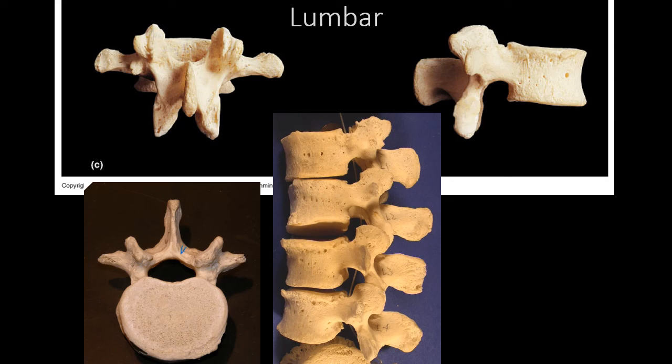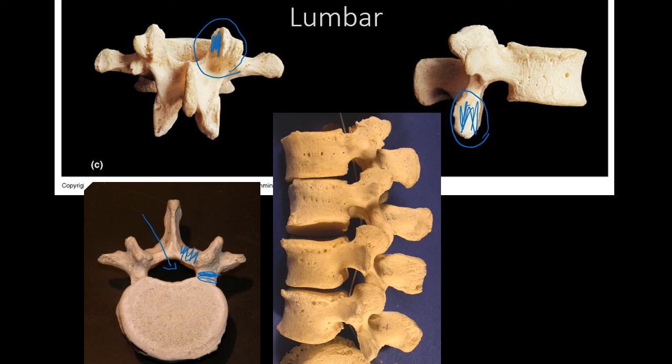We have the lamina. We have the pedicle. We have the superior articular process, and then the facet, just that space in there. The inferior articular process, and just the facet there. We have the vertebral foramen.